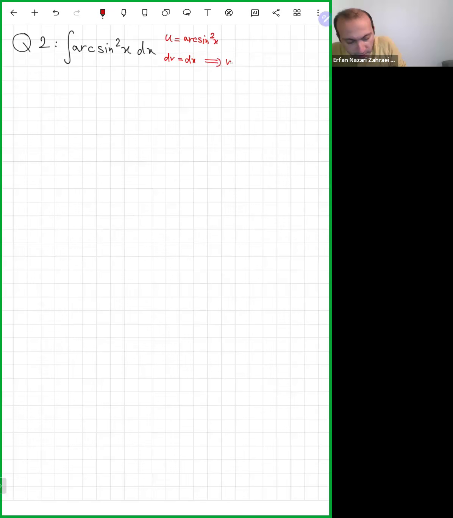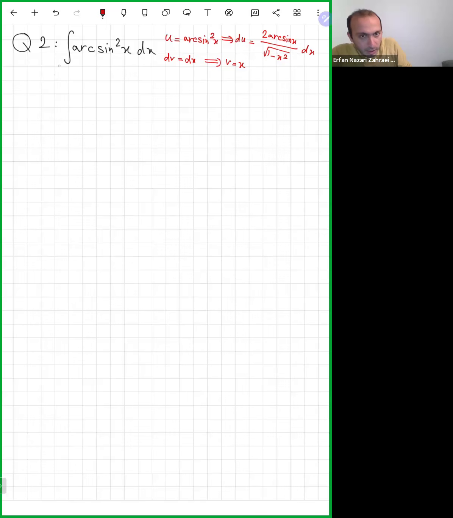Hence, v should be x, and the du should be derivative of this. Using chain rule, it's 2 arc sine, then times derivative of arc sine. Derivative of arc sine is 1 over root 1 minus x squared. Don't forget to add the dx as well because it's differential.